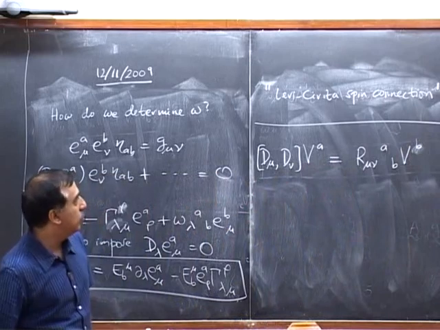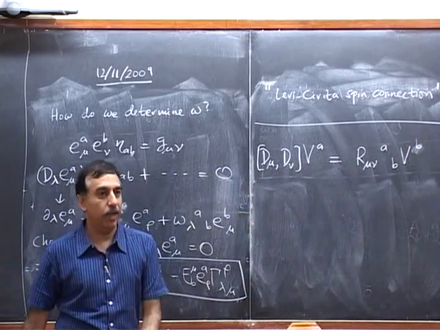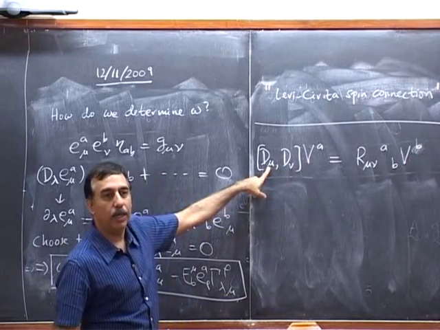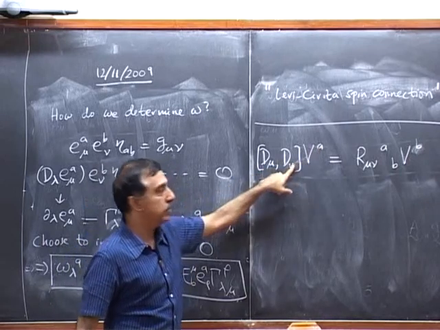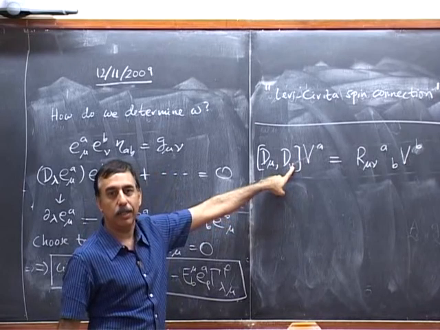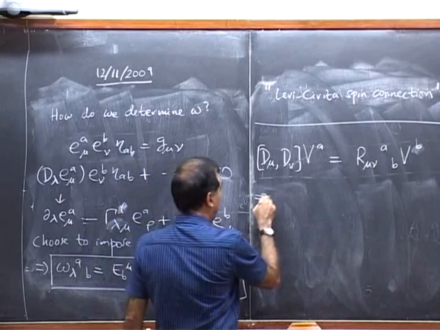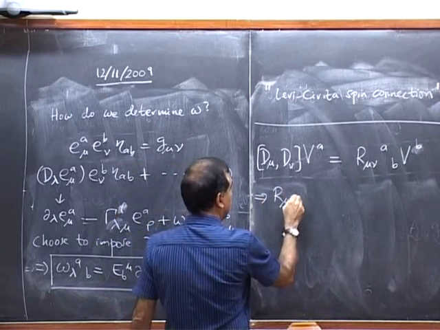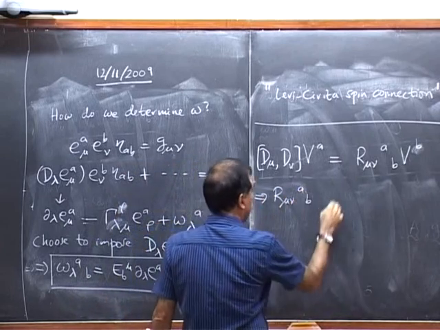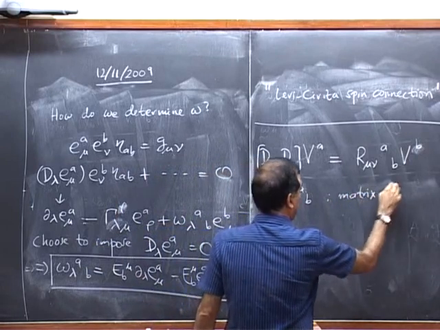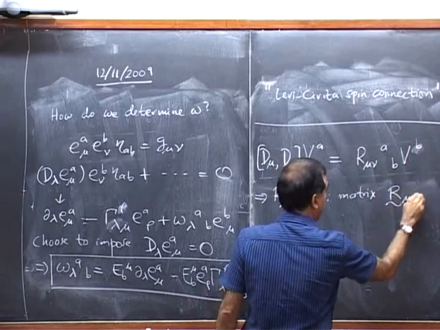And the computation is very simple because I've already told you how to define D. And notice that after the first D, the second D is no more complicated. It only acts on the LLT index, where this doesn't introduce a new LLT index. Okay? So it's an easy calculation. And what you find is that R mu nu AB is most easily expressed as a matrix R mu nu.